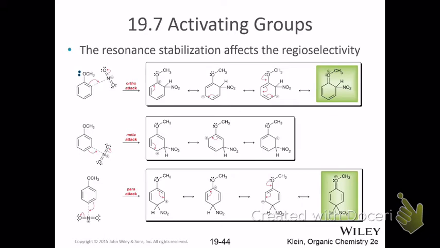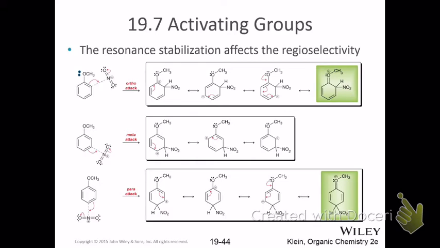Okay? So if you look at the ortho addition or the para position, each one of those allows a positive charge to show up next to the electron donating group. And because it's next to it, it produces an additional resonance structure which gives it more stability.